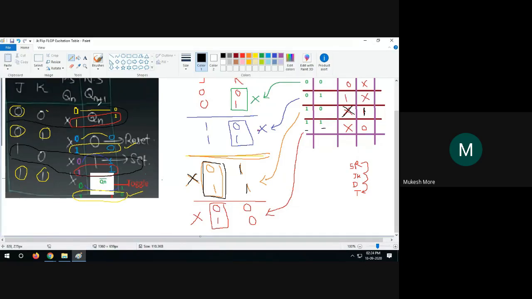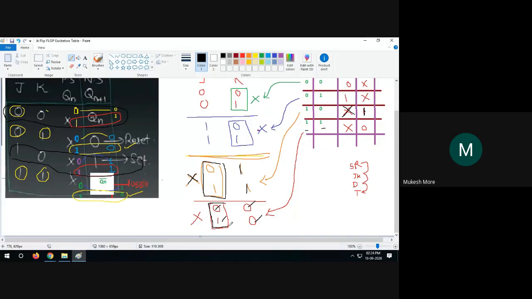Okay. Now, what are the values? J equal to 0, K equal to 0, and J equal to 1 and K equal to 0. Again we have to check similarity.